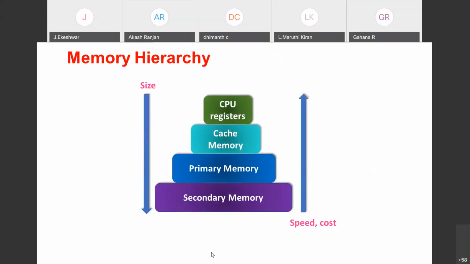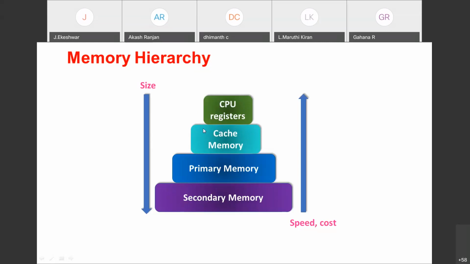This is a simple memory hierarchy. First comes the CPU register, then the cache memory, then primary memory, and secondary memory. I have listed the differences between these memories with respect to three constraints: size, speed, and cost. Following the directed arrow, starting from the CPU register, the size of cache memory is more than the register.